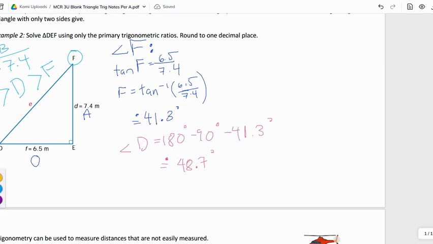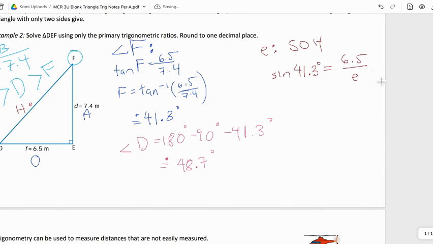Lastly, we need to find side E. I'll use F as my angle of interest just because I already have it. So I'll use hypotenuse and I'll use opposite. I'll do sine. So I'll say sine of 41.3 is going to equal 6.5 over E. You got it?